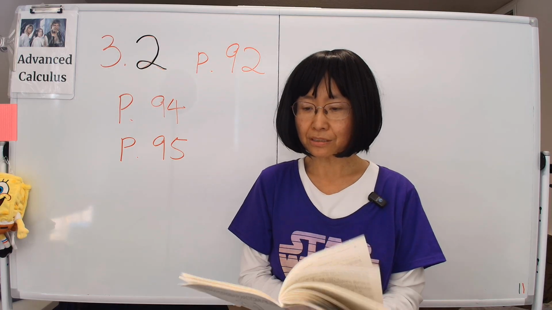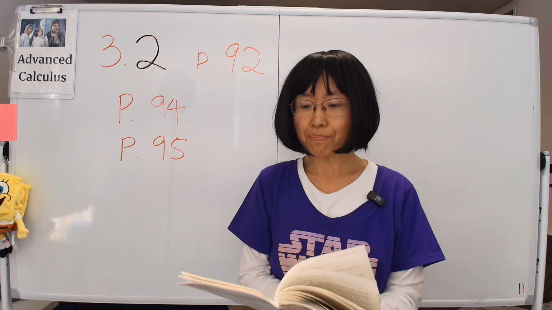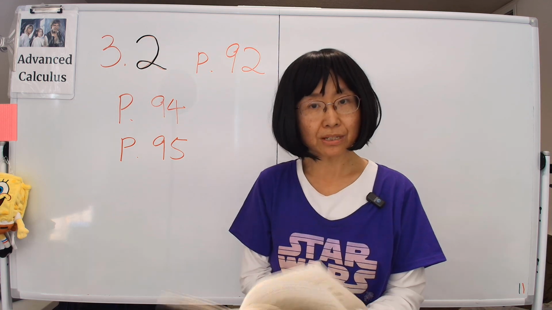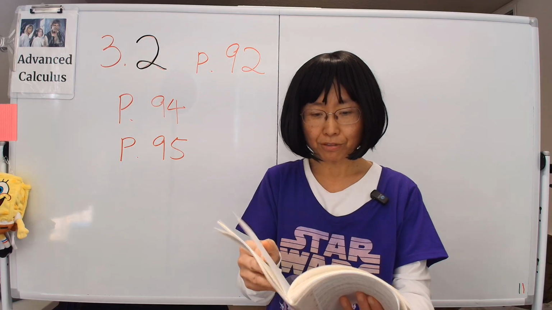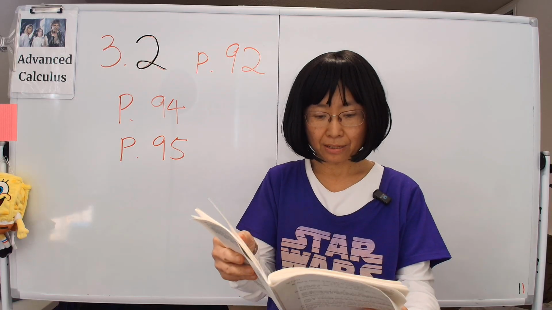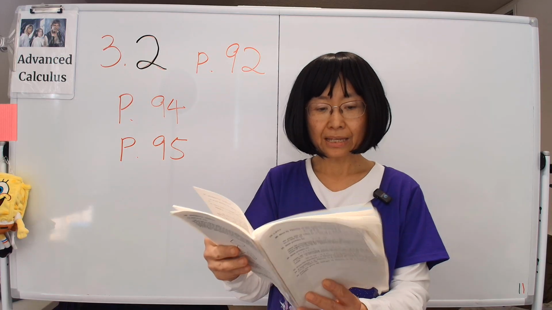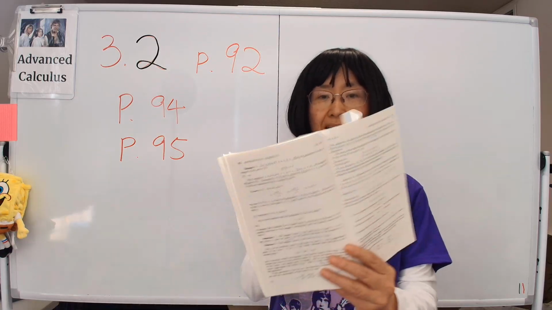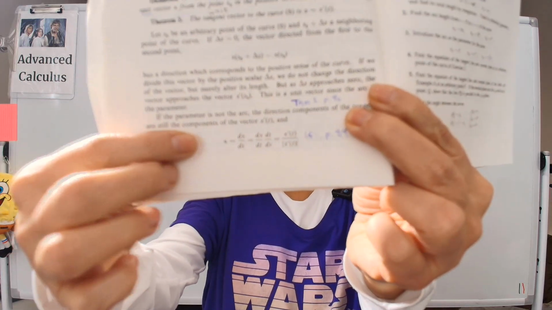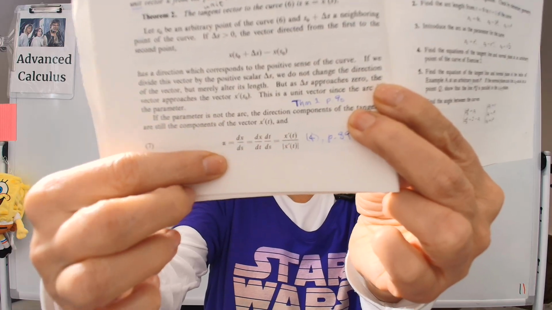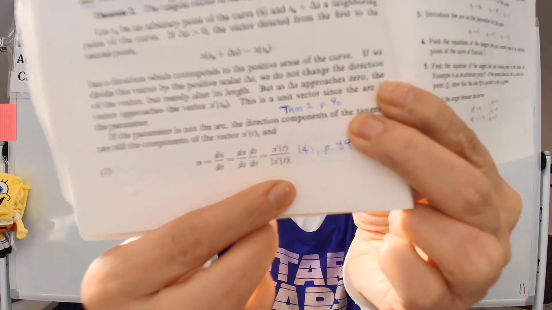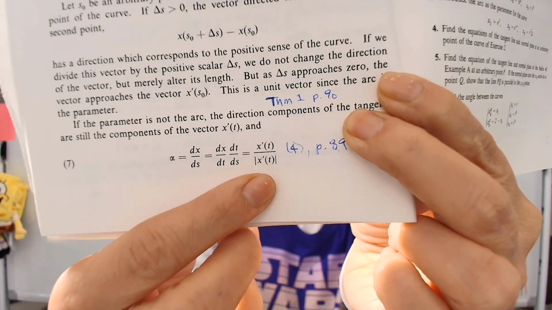Now first I want you to notice that alpha, beta, and gamma all have unit length of 1. The reason is because x prime of S has unit length of 1. We mentioned that earlier on page 90. That is, x prime of S is equal to x prime of t divided by its own magnitude.